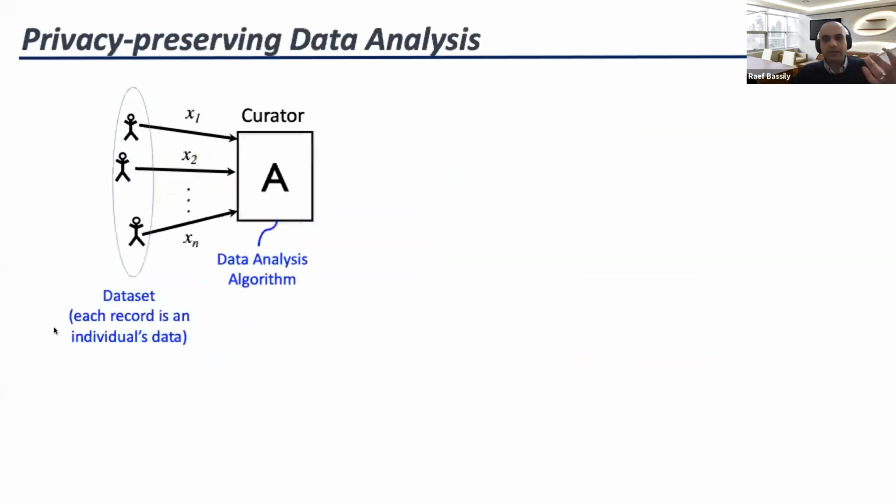To perhaps better understand the nature of these threats, let me talk a little bit about this basic model for private data analysis. So in this model, a data set comprised of personal and potentially sensitive data records, where here each data record represents one individual's data, is collected and maintained by a curator that has the capability of running various data analysis algorithms.